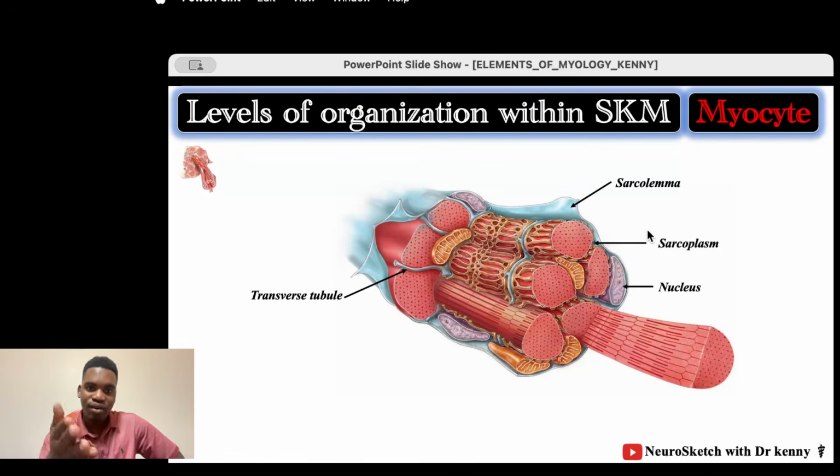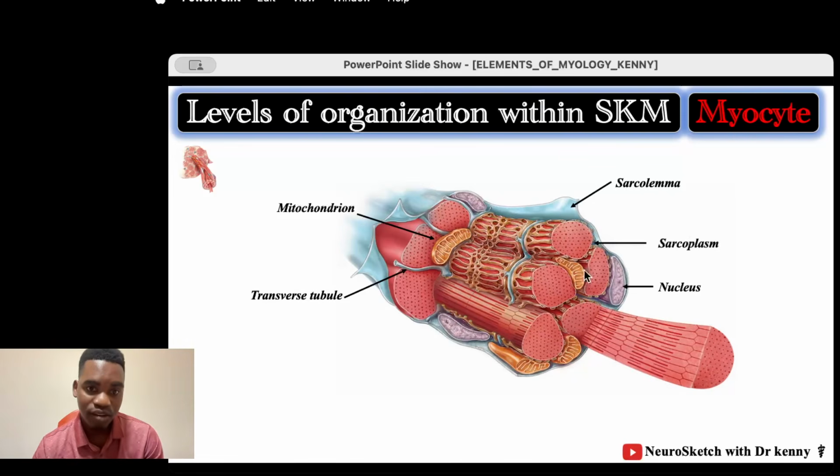Again, we know this is a muscle. A muscle will at some point need a source of energy, so it needs a powerhouse that will generate energy, and that is the mitochondria. So a muscle cell has a number of mitochondria.